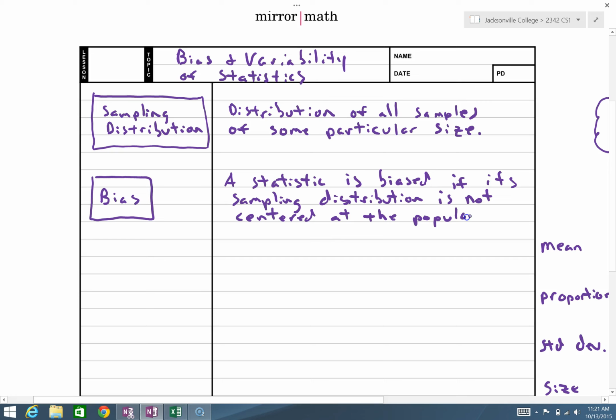All that's saying is it's not centered where it's supposed to be. So back to our project number 1, you asked a question in such a manner that you didn't find really what you were trying to find. You biased the results. Your sample was not a good estimate of whatever particular parameter you were trying to learn about.